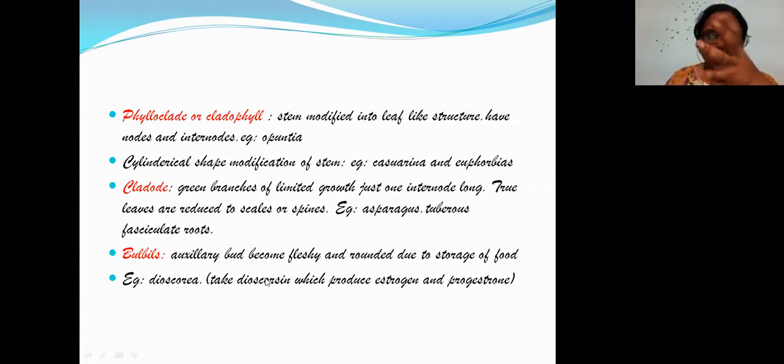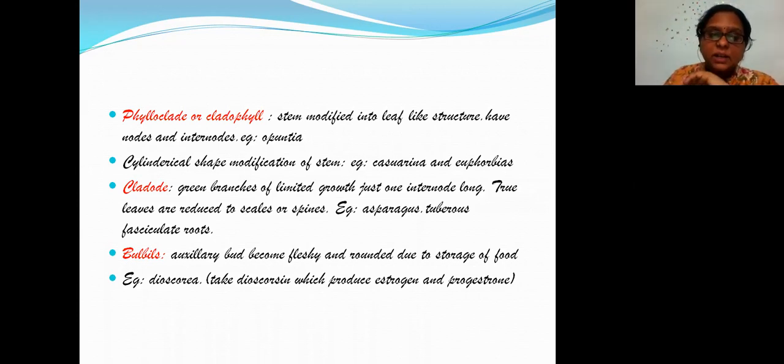They eat the fruit of this. And what is that fruit now? It is the bud which gets modified. Actually what happened is, the stem will get modified into an axillary bud, and that particular axillary bud will start storing the food. Now bulbils is not the main thing in this.